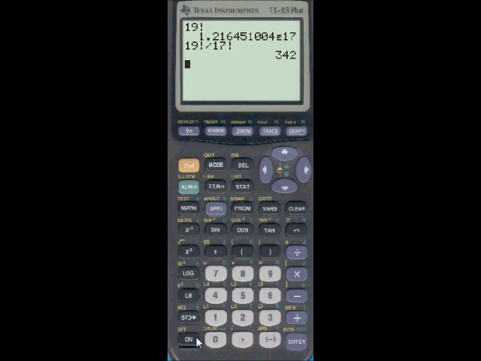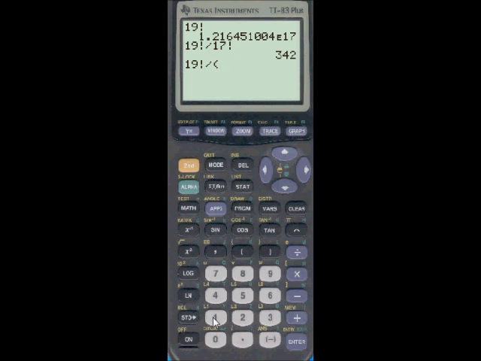You can also do something like this. If you're being asked to come up with more complicated type factorial calculations, let me put another one in here. Let's do 19 factorial again. Enter, divided by, and let's say I'm going to put 9 factorial, and I'm going to put these in parentheses because I'm going to put 2 of them down here in the denominator.